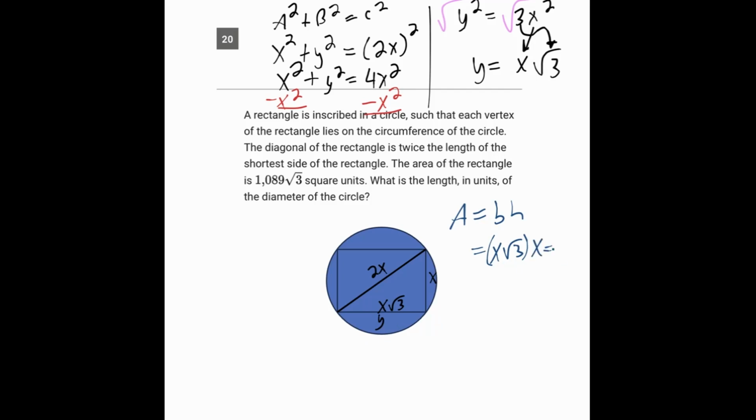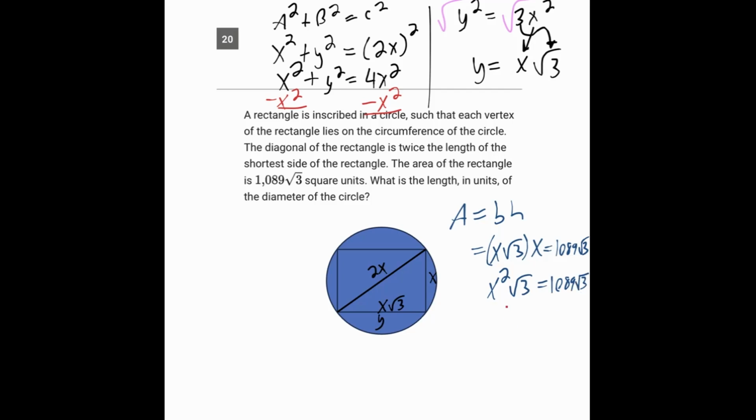And we were told that that rectangle had the area of 1089 root 3. So we've got x times x root 3 equals 1089 times root 3. Simplifying a little, this can be called x squared root 3 equals 1089 root 3.